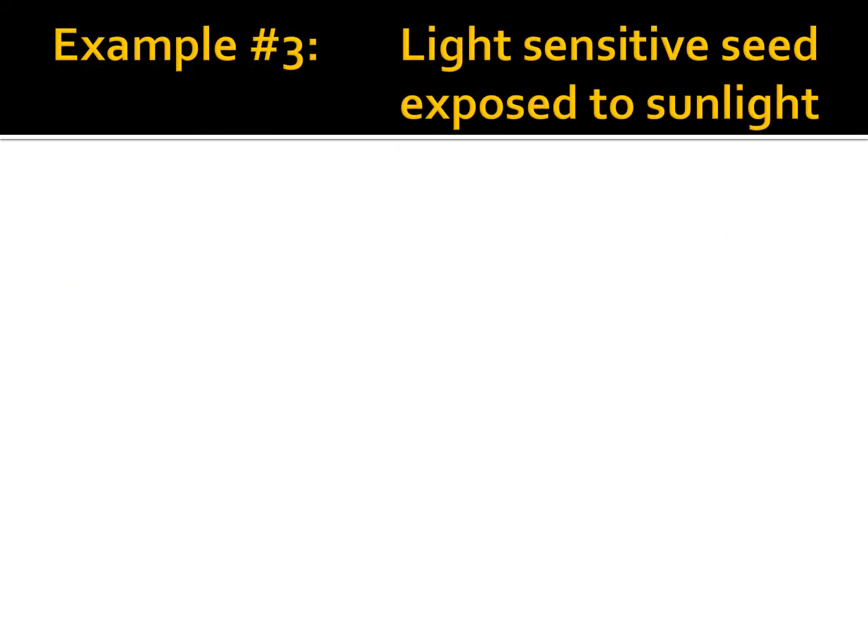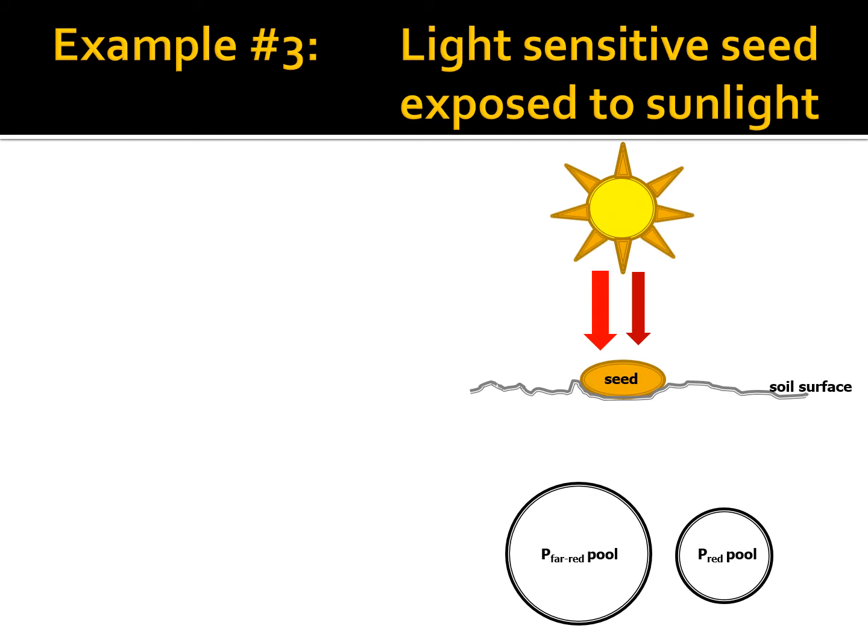Some seeds require light to germinate, and we can look at a third case study, and that would be light-sensitive seeds. So in the diagram at the right, you see the sun. The sun's putting out a little more red light than far red light, as indicated by the width of the arrows. And you see a seed that is on the surface of the soil where it can be exposed to light.